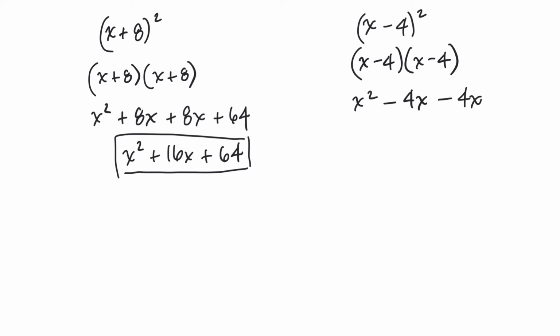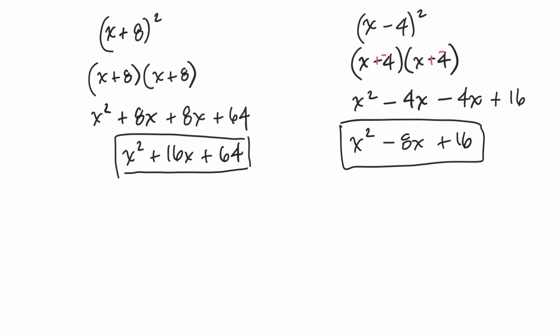It's actually easier to see here if I write this as an addition statement, with plus negative and plus negative. What I end up with is plus, and then negative 4 times negative 4 is positive 16. So what we get is x squared minus 8x plus 16.